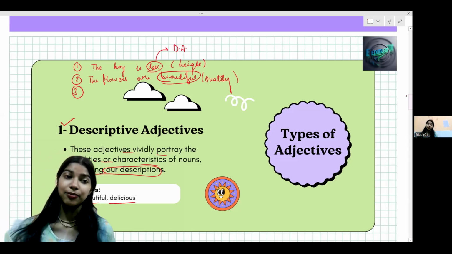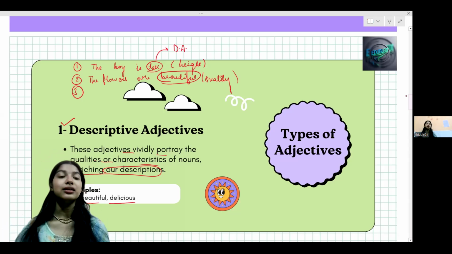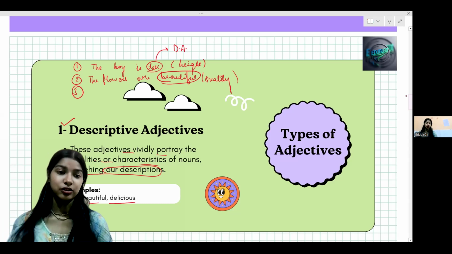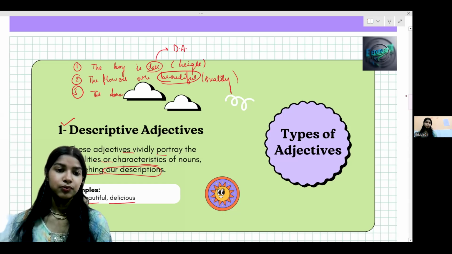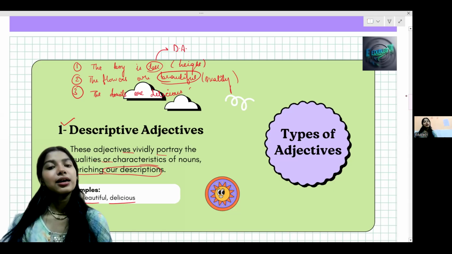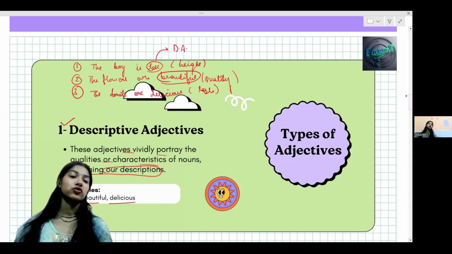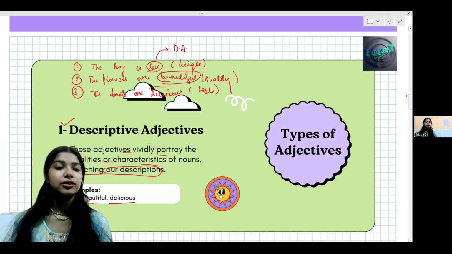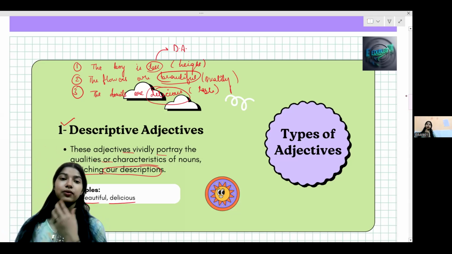Again, it is describing the flower, that is the descriptive adjective. Next is delicious. The donuts are delicious. It is telling us about the taste. It is giving a description about the taste of the donut. So the word delicious over here is the descriptive adjective.